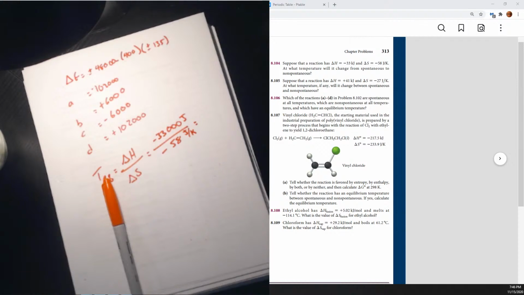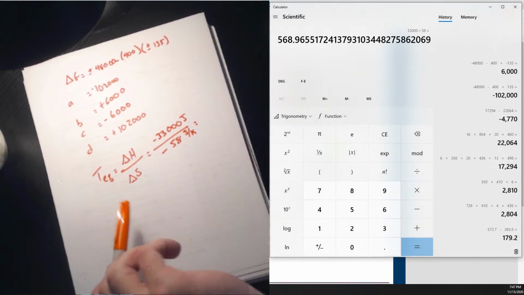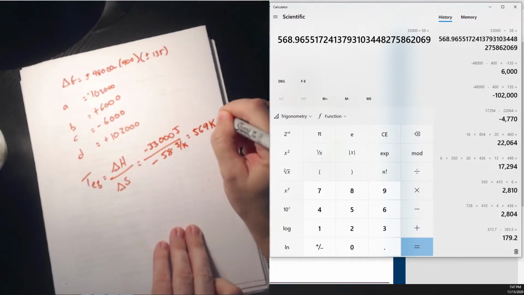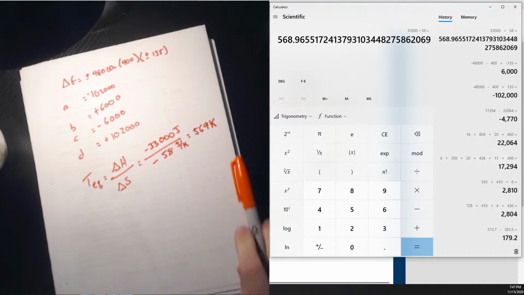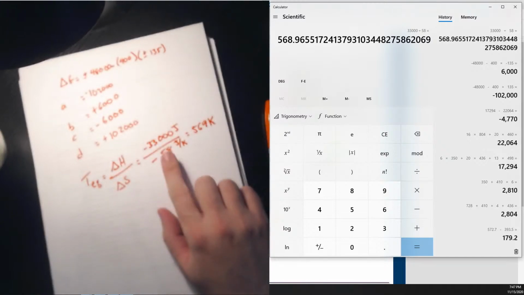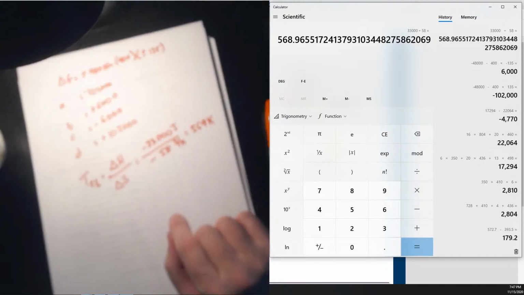So it's going to change at 569 Kelvin. Or 570, two sig figs. Anyway, let's see. It's a negative change in entropy, so it's going to be spontaneous at low temperatures, non-spontaneous at high temperatures.